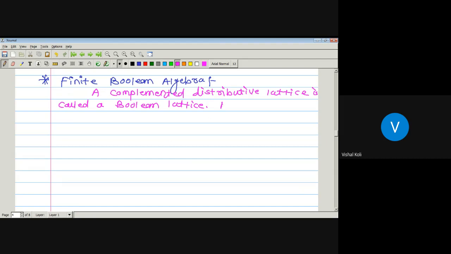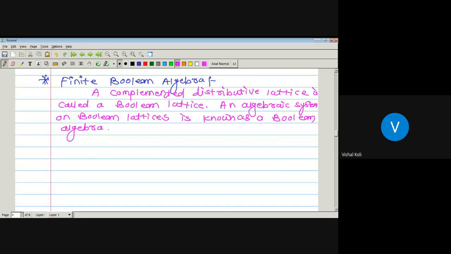An algebraic system defined on a Boolean lattice is known as a Boolean algebra.